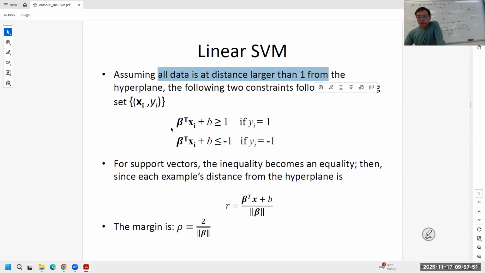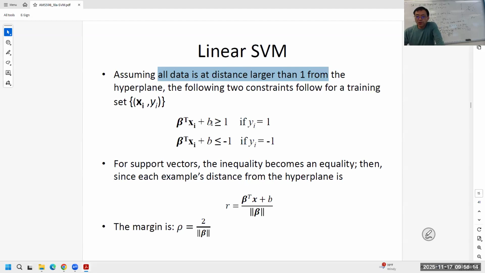Now all data points are bigger than or equal to 1, and the closest point to the separator is at distance 1. This is 1, this is 1. Well, it's actually -1, but since it's a distance, we can just say it equals 1.